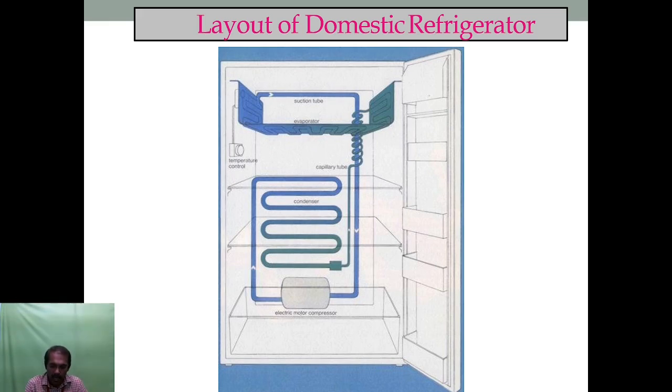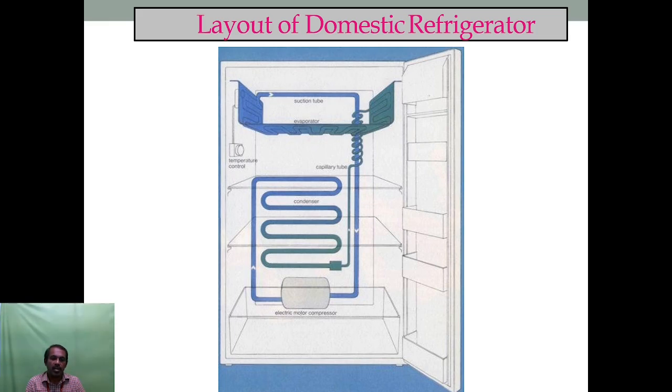Here are some domestic applications of refrigeration. Here is our fridge, a real-time application. There are four components: one is a compressor, one is a condenser, one is an expansion valve, and the last one is an evaporator. Here we use ammonia as the refrigerant, because it has low cost, low maintenance, and good efficiency.